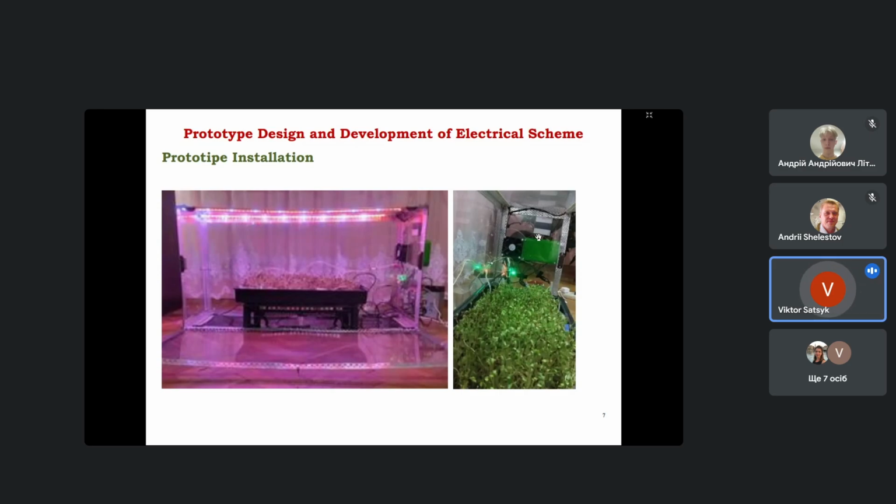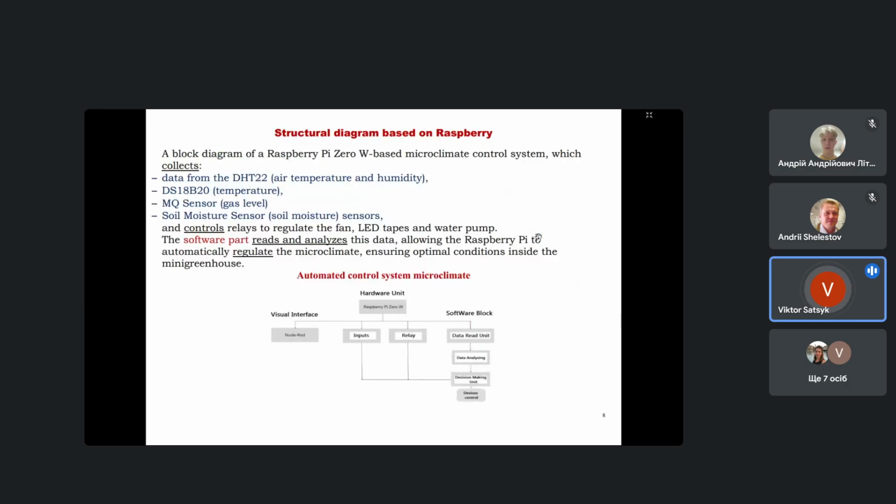On this page, you can see our prototype that we made in our laboratory. Next, the structural diagram based on Raspberry Pi. A block diagram of the Raspberry Pi Zero W based microclimate control system, which collects data from the DHT22 air temperature and humidity sensor, DS18B20 temperature sensor, MQ sensor gas level, and soil moisture sensor, and controls relays to regulate the fan, LED tapes and water pump.